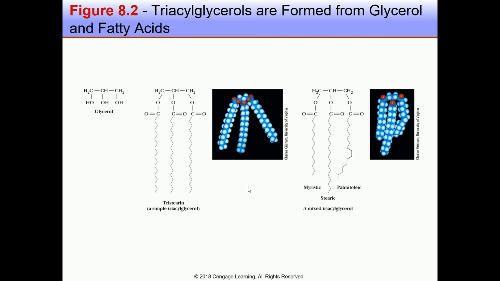Butter is a fat, a saturated fat. Here you can see this is tristearin, one glycerol to which 3 stearic acids are attached. In these 3 fatty acids, all the carbons are linked to each other by single bonds. So this is a saturated fat.